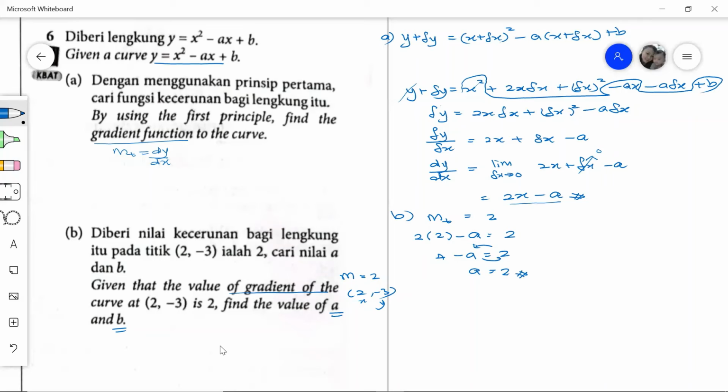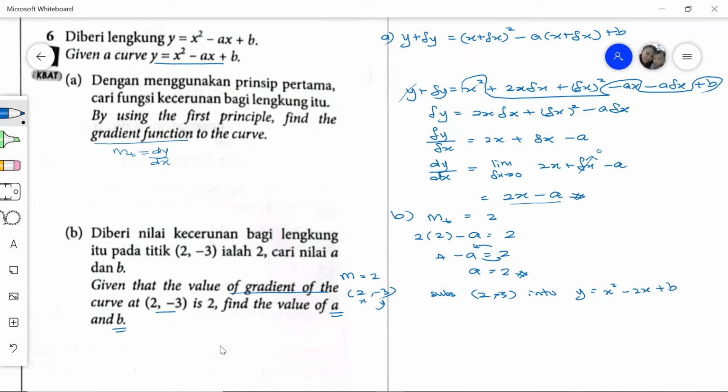Now, how do we find b? We just need to substitute the point (2, -3) into the curve y equals x squared minus ax plus b. Since a is already found to be 2, we put in 2x and then plus b.